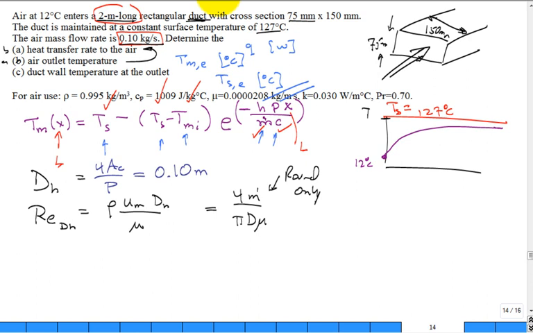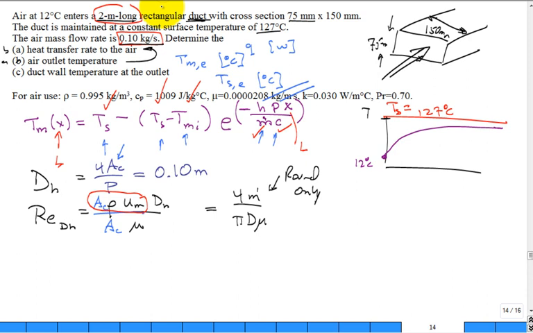So what you do is multiply by the cross-sectional area. That's the same area as right there, true? And so I have to divide by the cross-sectional area. But what is rho u mean times the cross-sectional area? M dot. Perfect.